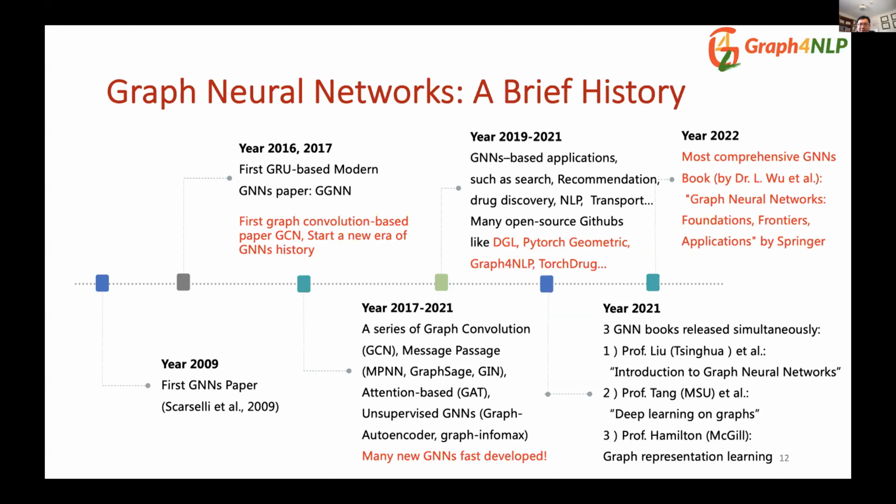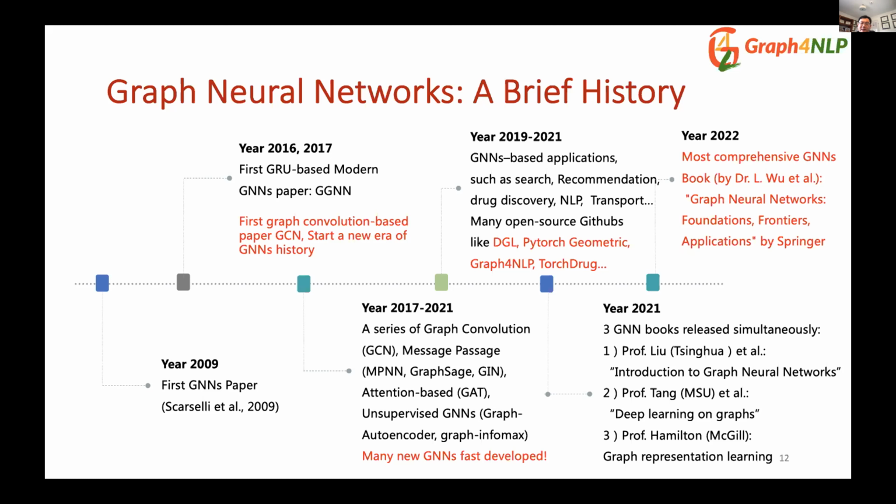And Professor Hamilton also published a book called Graph Representation Learning. This is a very short book, but a very good one that summarizes his PhD, with many well-known methods developed by his advisor, Jure, from Stanford University. And luckily, early this year, 2022, we also published the first, most comprehensive graph neural network book.